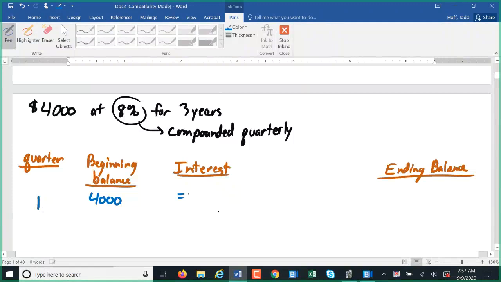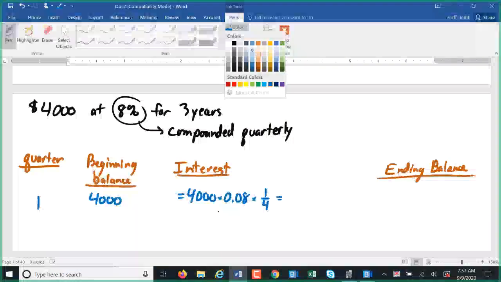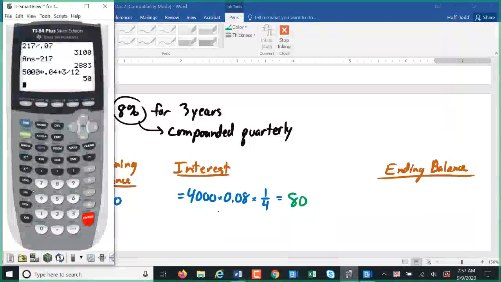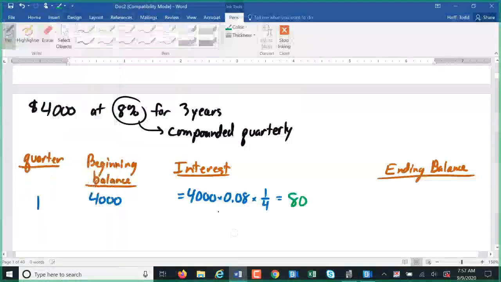Our interest is the principal of $4,000 times that 8%, 0.08, times 1/4, because it's only a quarter of a year. That gives us interest of $80. So our ending balance is the 4,000 plus the 80, or $4,080.